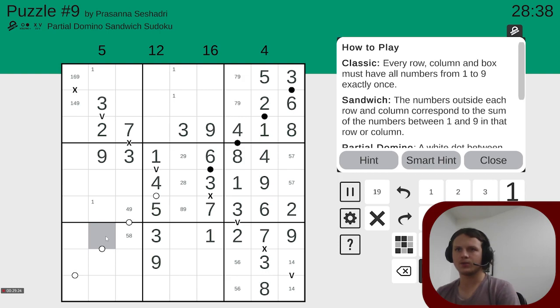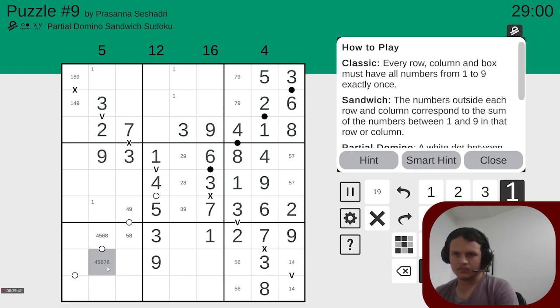So that can't be a 1, a 2, a 3. It can be a 4, or it can be a 5, it can be a 6. Can't be a 7, can be an 8. This bottom one can be a 1, can't be a 2 or 3, can be a 4, 5, 6, 7 or 8. Okay, so now these two need to be consecutive, so that can't be a 1. And the rest of those work. So that's got us nowhere.